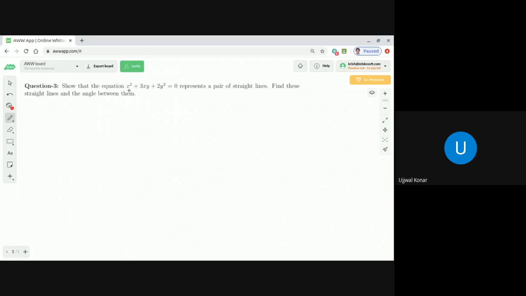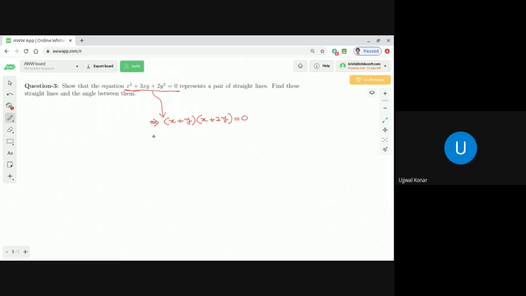Now, if we look into this equation, x square plus 3xy plus 2y square equal to 0, what can we write from here? We can do factorization. If we factorize, we get (x plus y) into (x plus 2y) equal to 0.